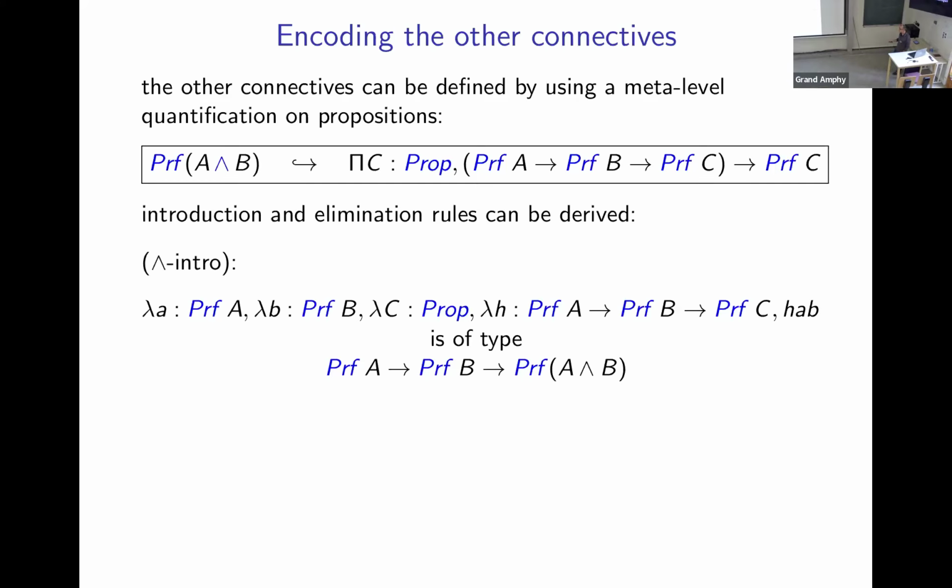And so we can build a lambda term having this type. So it is here. You assume given small a, a proof of big A, small b, a proof of big B, and then you assume a proposition C, prove that H, that A implies B implies C, and then you just apply H, a, and b to get a proof of C.